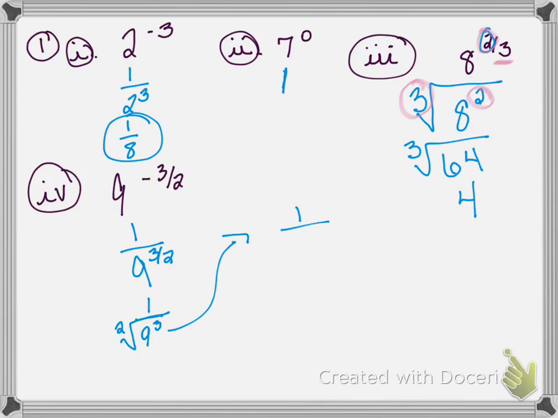So I have 1 over the square root of 729, and I am taking the square root of that, and I get 27. So I have 1 over 27.